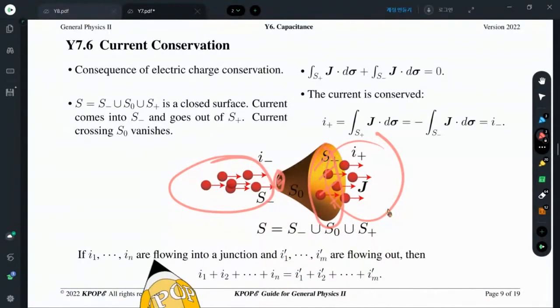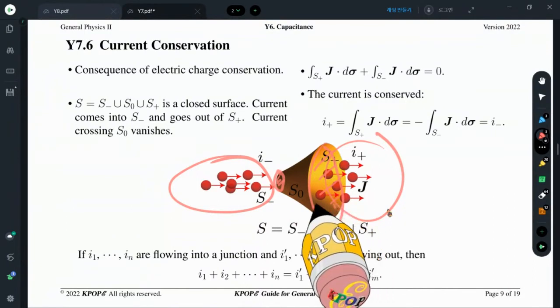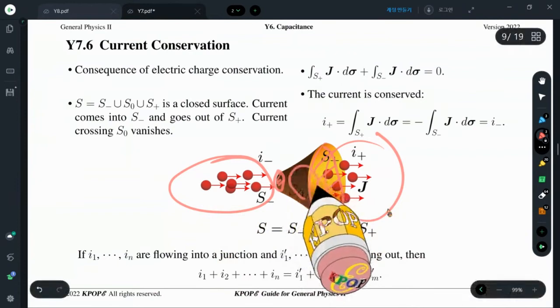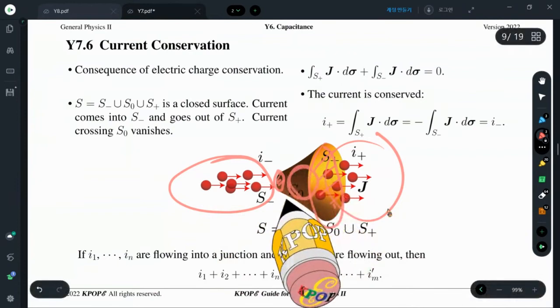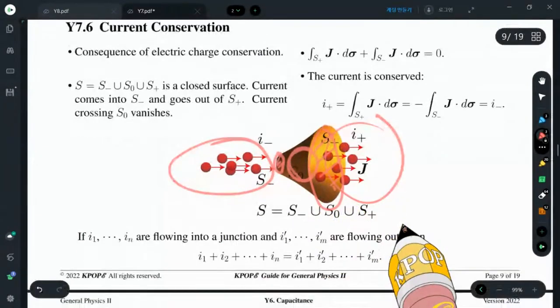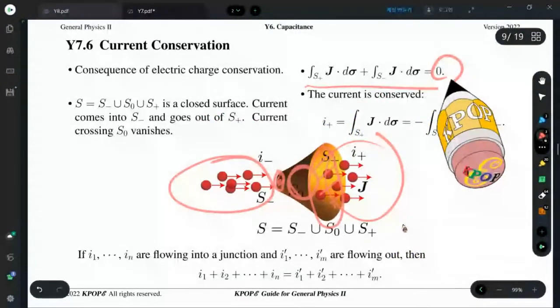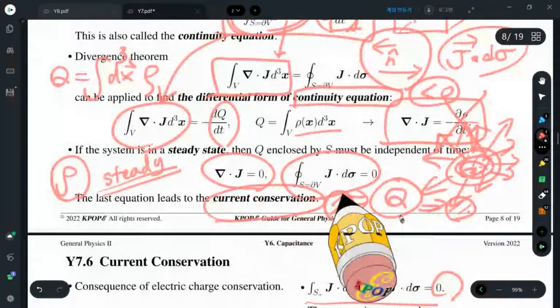The amount of charge entering the surface and the amount of charge leaving this surface should be the same to keep the net charge inside this funnel-shaped container the same. So divergence J equals 0 means this situation.